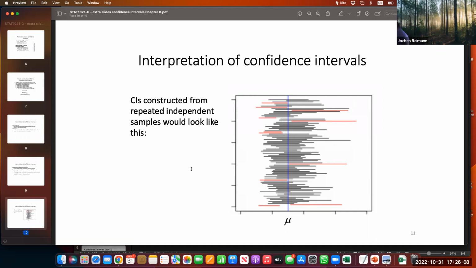We have a mu, which is our population mean, the blue line. Now we have samples, and these are 100 samples. For each of these samples, a confidence interval was generated, which starts on the very left of that little line and ends at the very right of that little line.